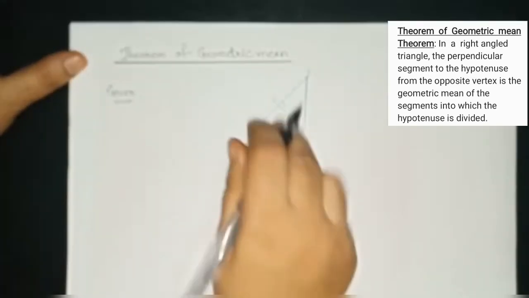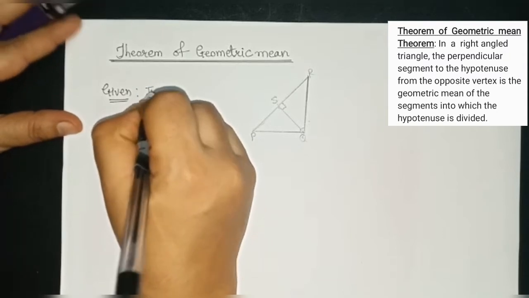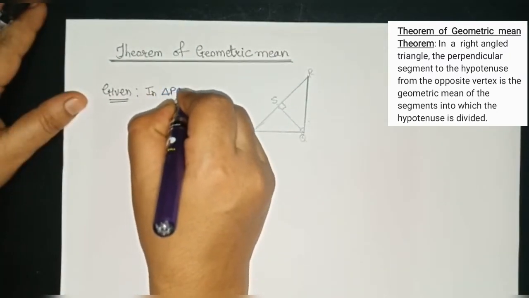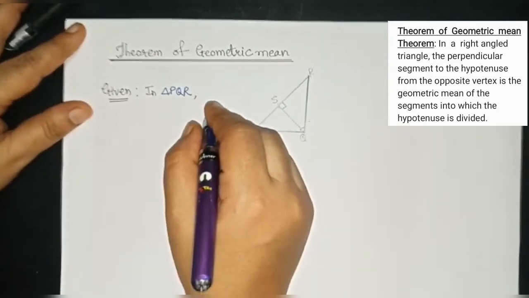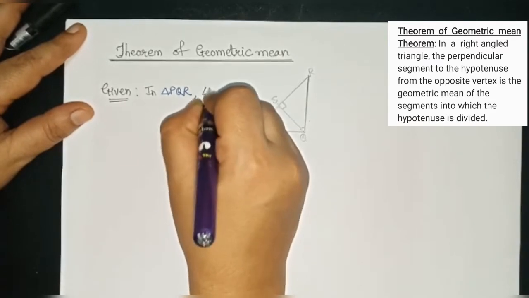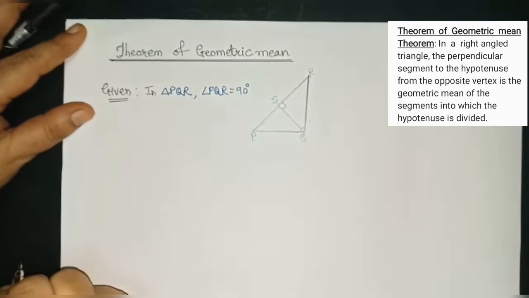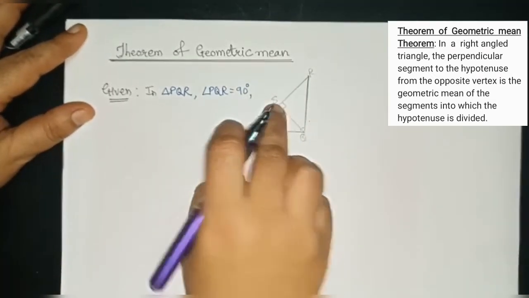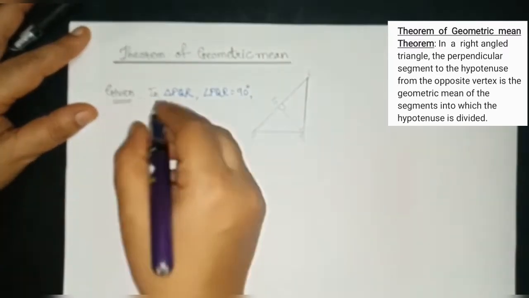Given: in triangle PQR, it is a right angled triangle, and the right angle is angle PQR equal to 90 degrees. And the second thing given is that a perpendicular is drawn from the angle Q on the hypotenuse.